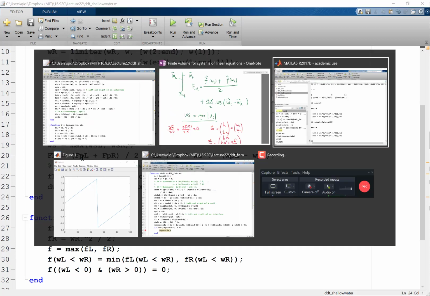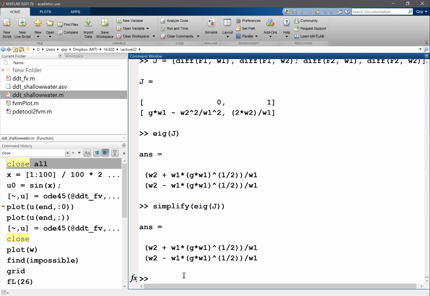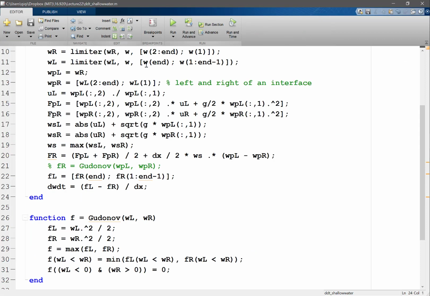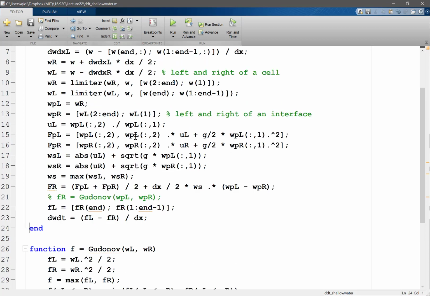Okay, so now let's actually make a, oh, yes? I need to, line 14 UL. Are you saying this line 14?